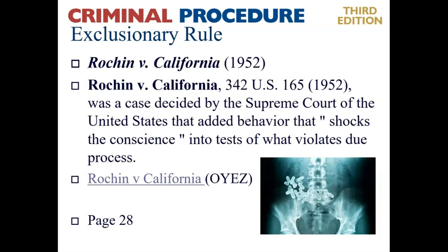In this particular case, the police suspected that Rochin had swallowed capsules containing illegal narcotics. As part of their investigation, they directed a doctor to force a vomiting-inducing solution into Rochin's stomach. The police subsequently discovered 2 morphine tablets.